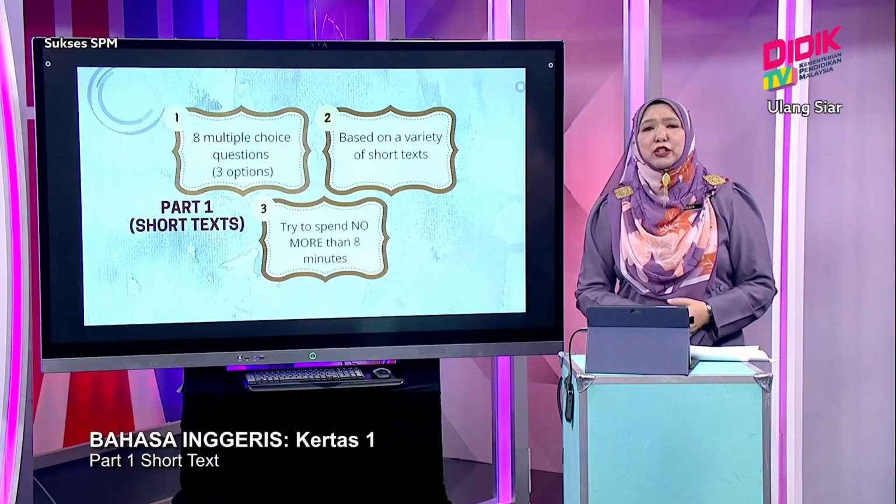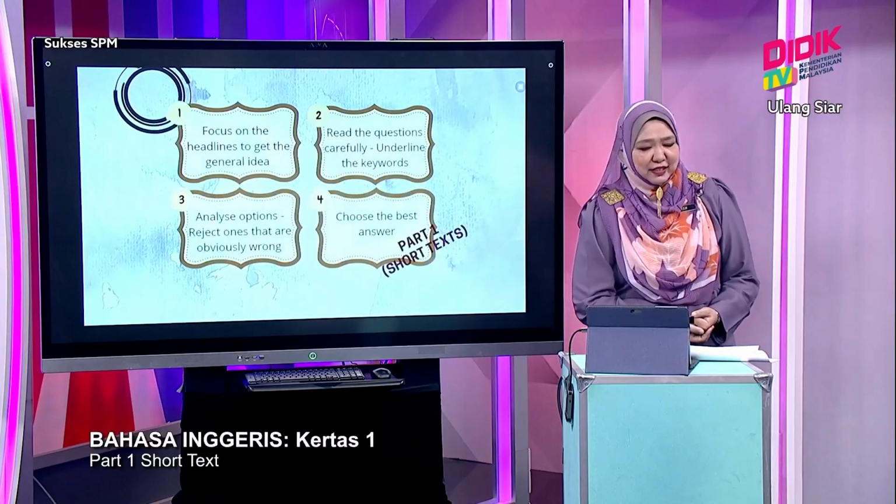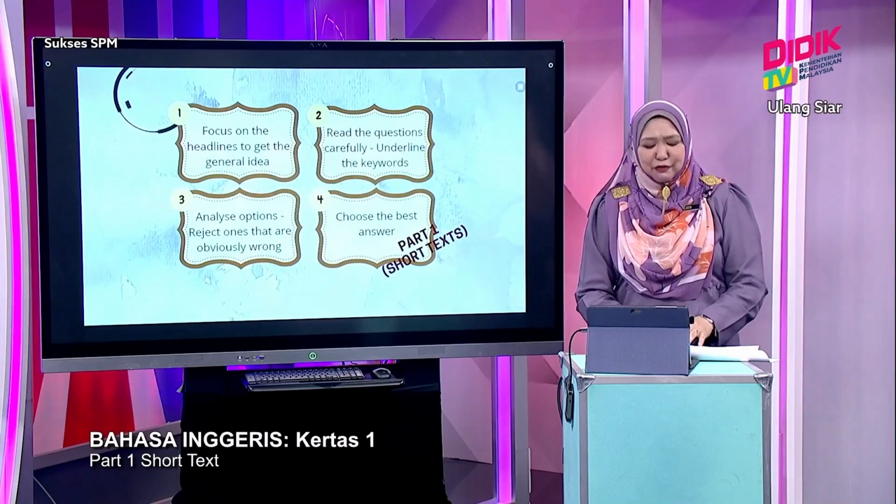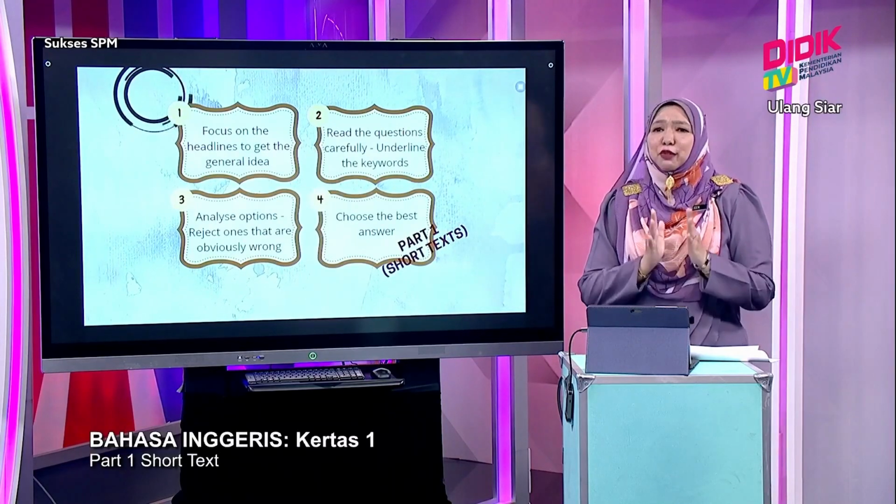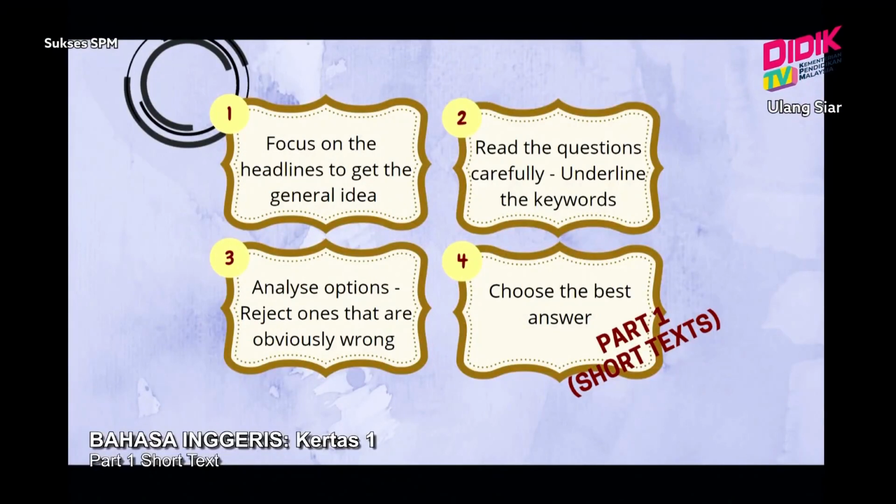So this is what is in Part 1. Now, how are you going to answer Part 1? First of all, focus on the headline to get the general idea. Meaning here you have to study the stimulus given and also the question in order to get the general idea.